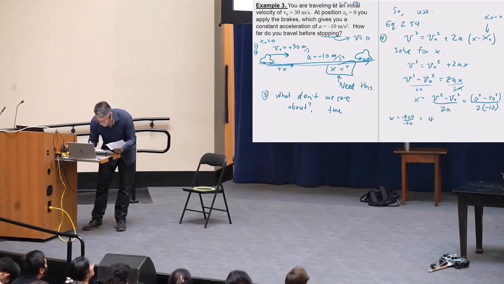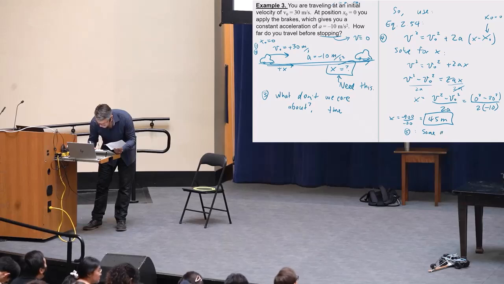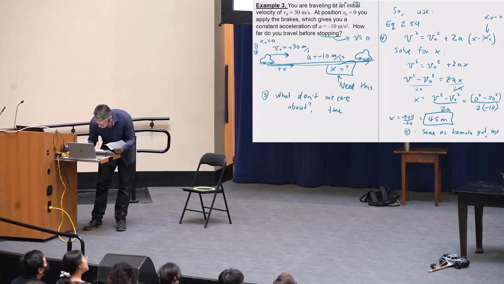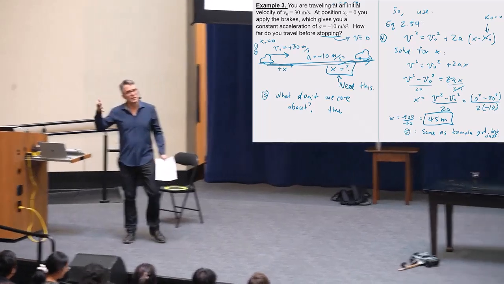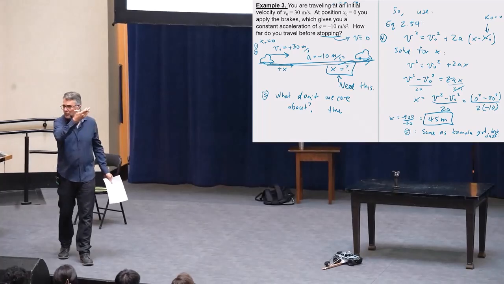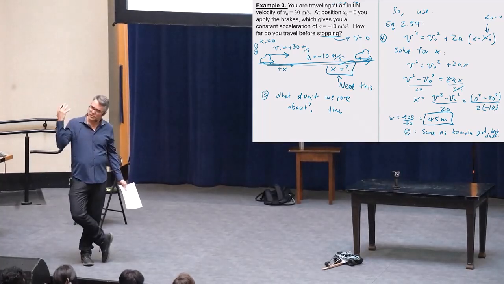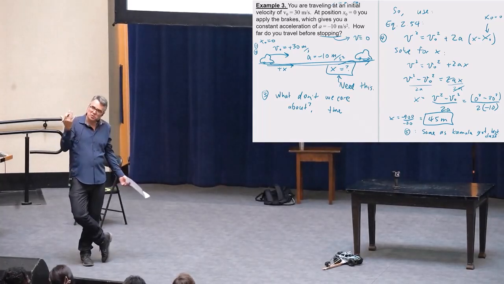I got 45 meters. And then my step 5 is that this is the same as what we got last class. Last class we were thinking that the average velocity here is about 15 meters per second, because it starts at 30, goes to 0, so the average is 15.